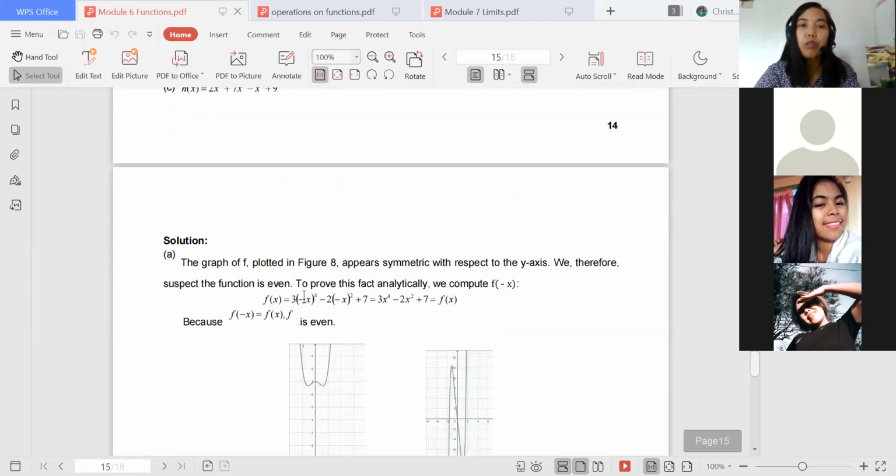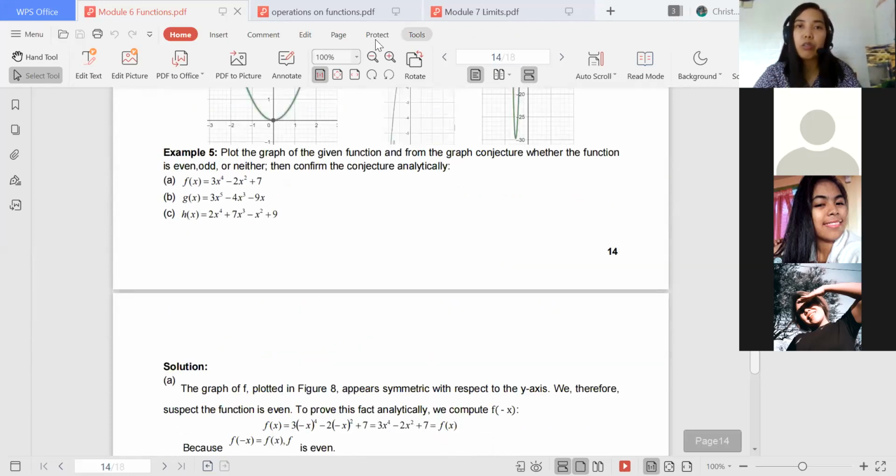Okay, so when we substitute negative x, we'll have f of negative x. We will have 3 times negative x to the fourth power minus 2 times negative x squared plus 7. When we simplify, if the power is even and the base is negative, the answer is still positive, right?